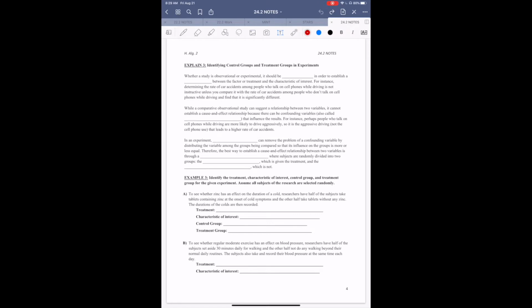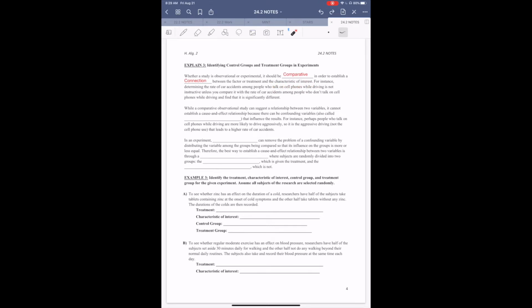Whether a study is observational or experimental, it should be comparative in order to establish a connection between the factor or treatment and the characteristic of interest. Remember, when it is an observational study, we have a factor. When it is an experiment, we have a treatment. And both of them have a characteristic of interest, which is what it measures or attempts to measure.